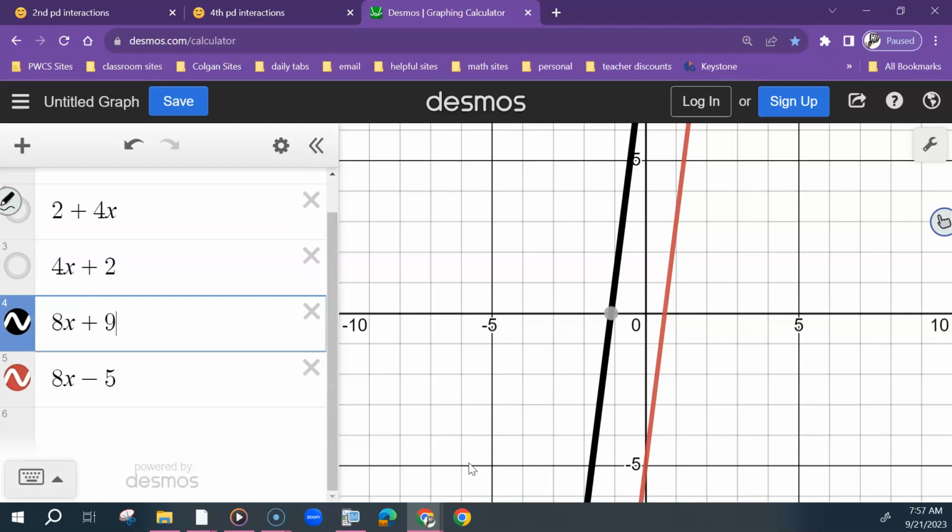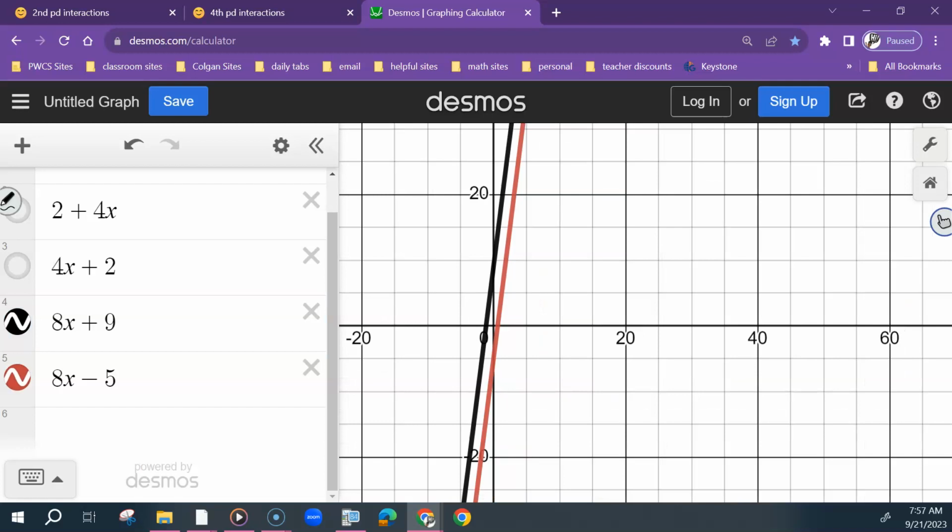Later when we get into slope and things like that, this will make more sense, but these are going to be parallel lines, they never intersect. They go in the same direction, things like that. Right? So when checking your solution in Desmos, be on the lookout for those different things. If you put those in and they don't appear, you have to separate it and then see what you're looking for.